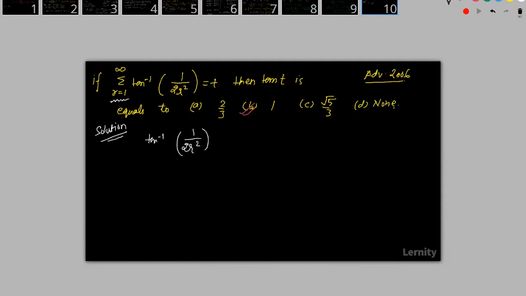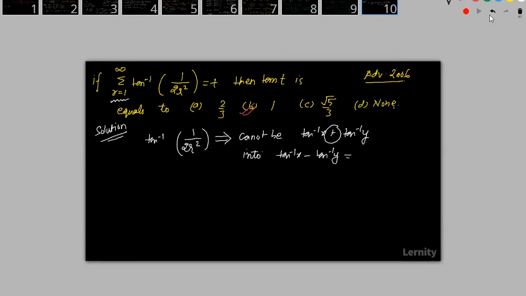We have to cancel out terms, so this cannot be of the form tan inverse of x plus tan inverse of y, because otherwise all the terms are added, so this positive sign will not help us. So this should be converted into the form of tan inverse of x minus tan inverse of y.